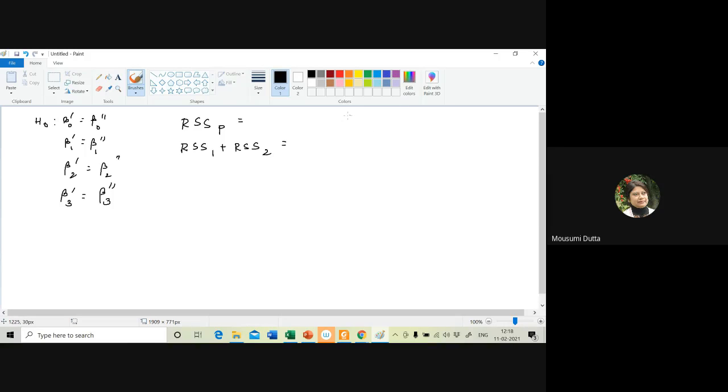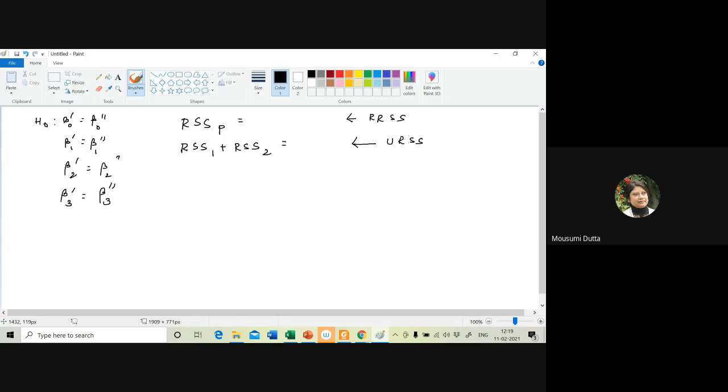This RSSP will be treated as RRSS and this will be treated as URSS while you will write the formula for Chow test. So first tell me how you will get RSSP or what is RSSP?